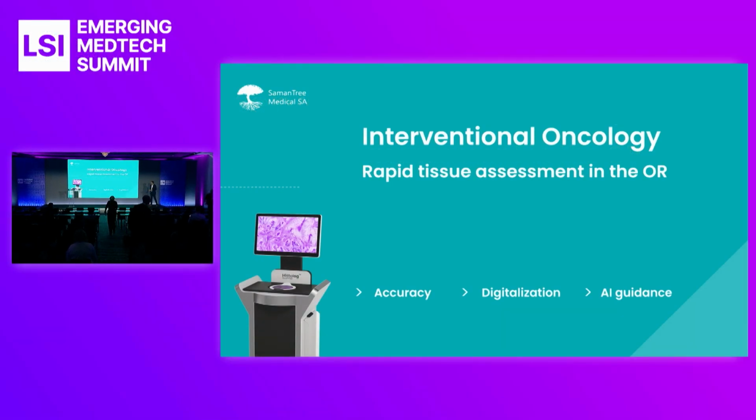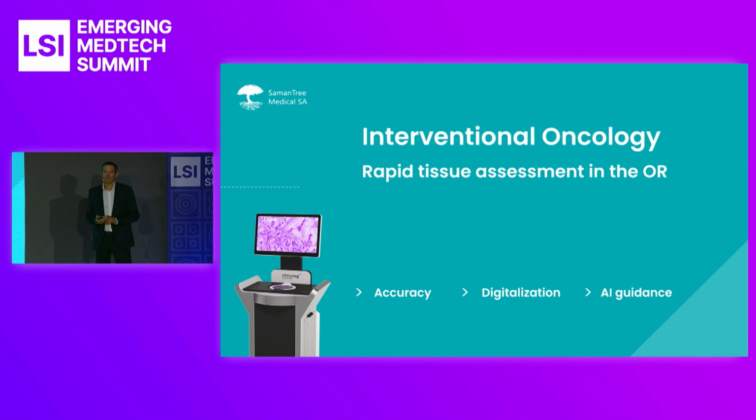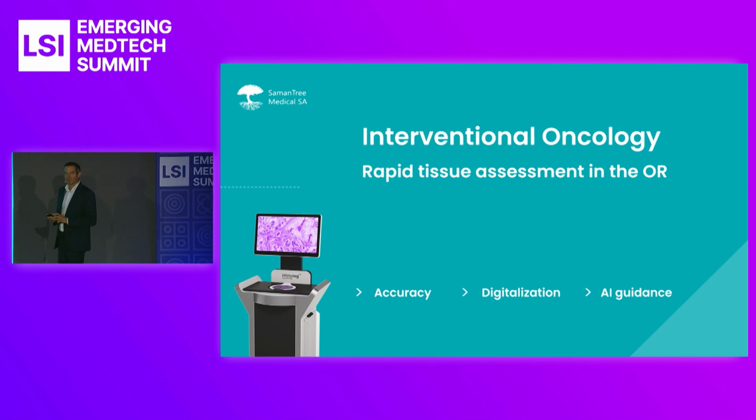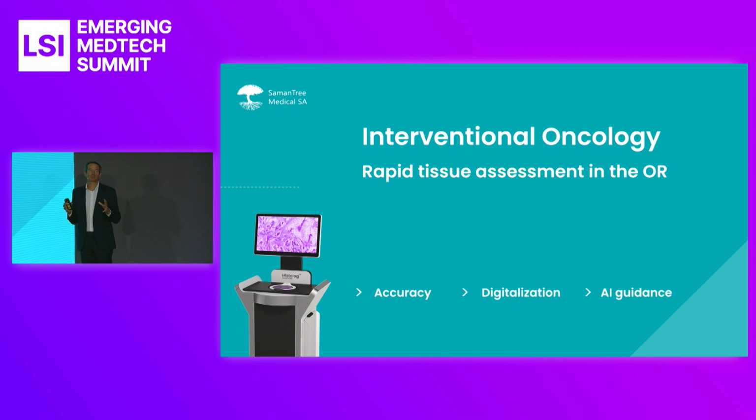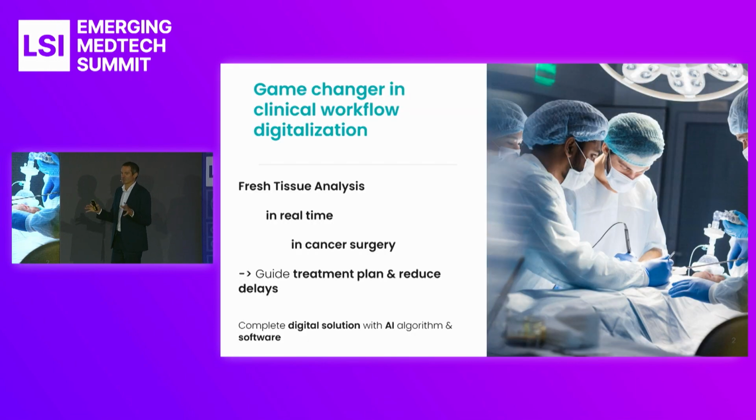Good morning, everyone. So we're going to talk about SamanTree Medical, that I'm the CEO of since a couple of months now. SamanTree is about cancer surgery, and specifically tissue assessment, in the operating room. So we were in interventional radiology a few minutes ago. We're going to stay within the cancer space.